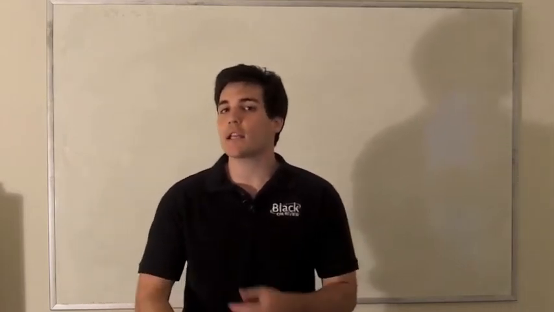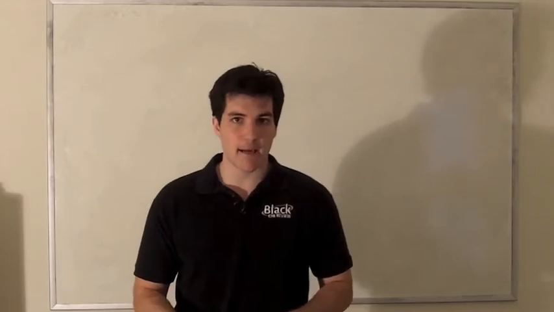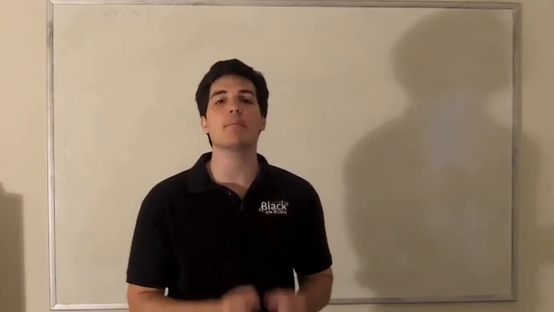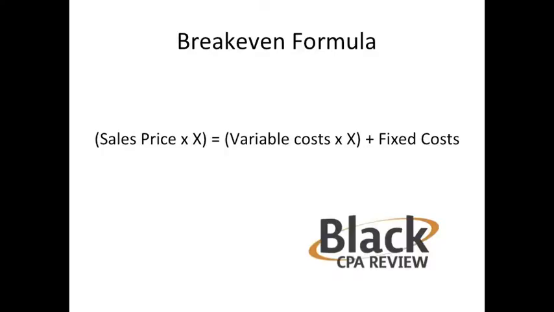In order to do that, you need a formula. The first formula we're going to look at is your break-even formula, which will tell you the number of units that must be sold in order for the company to break even. The break-even formula is: sales price times X equals variable cost times X plus fixed cost.